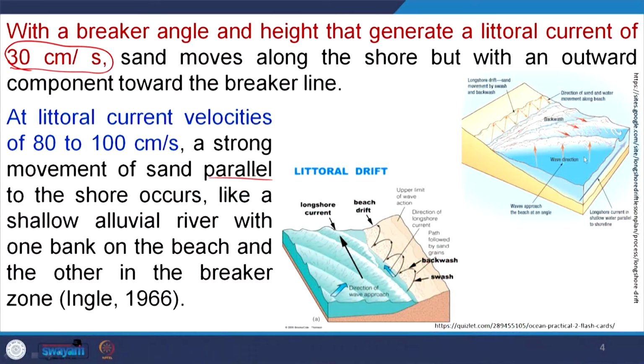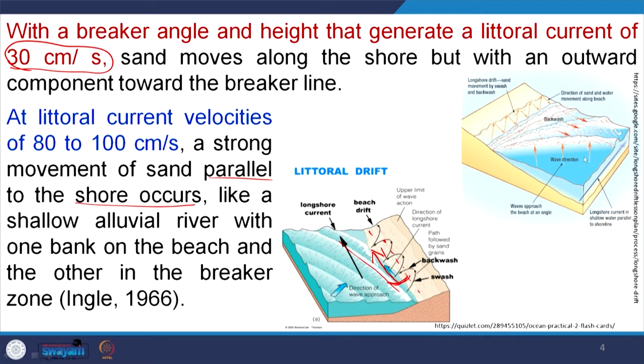Similarly, the sand moving along this coast is comparable to movement within a confined river system, where one side is your shoreline and the other side is the wave. If you take a cross section through which this sand is moving, it will look like a river.